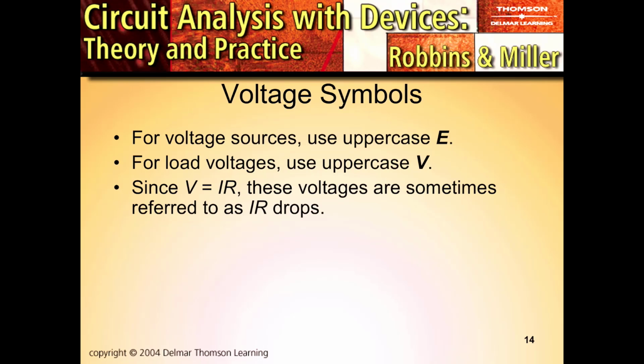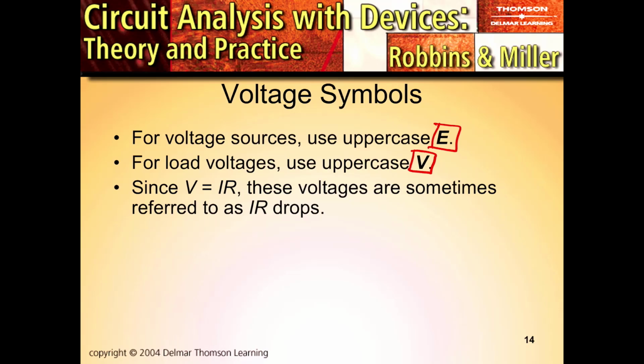Okay, so this is a rule for voltage that you'll see violated all the time, but in truth, voltage sources in a DC circuit should carry uppercase E. Low voltages, as in lamps, resistors, heaters, motors, should carry the symbol V for voltage.